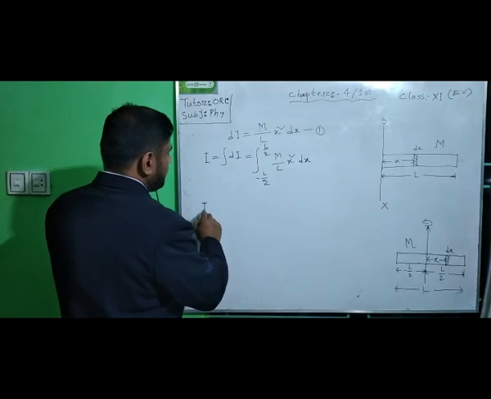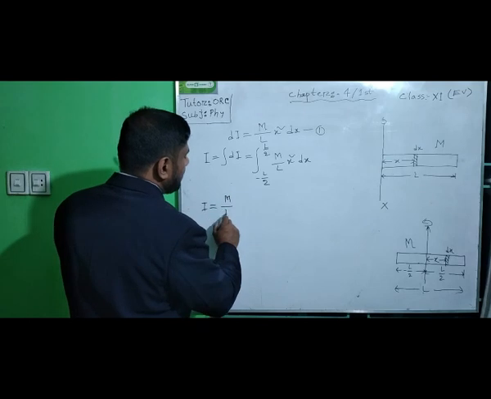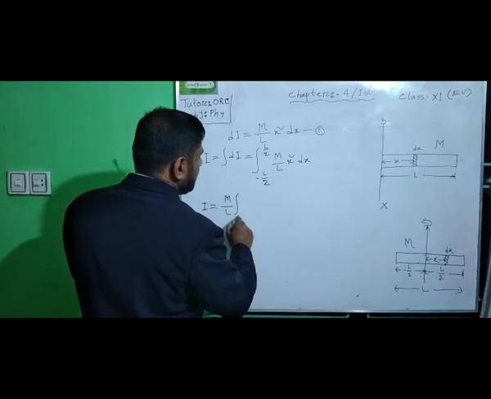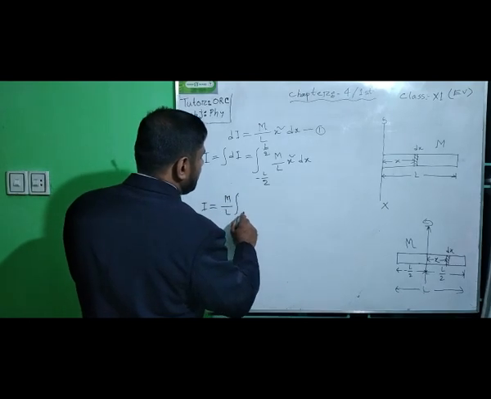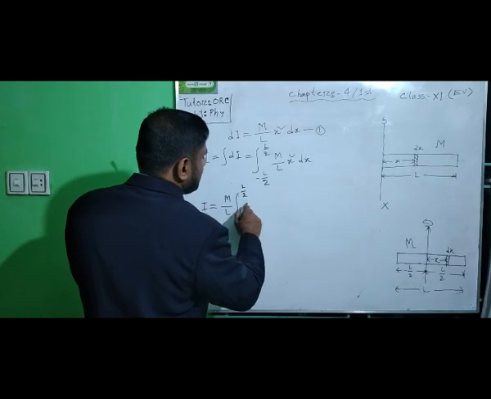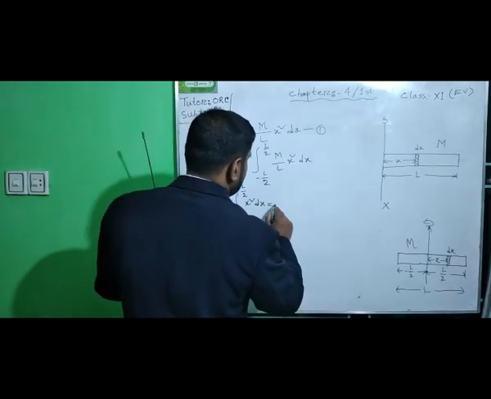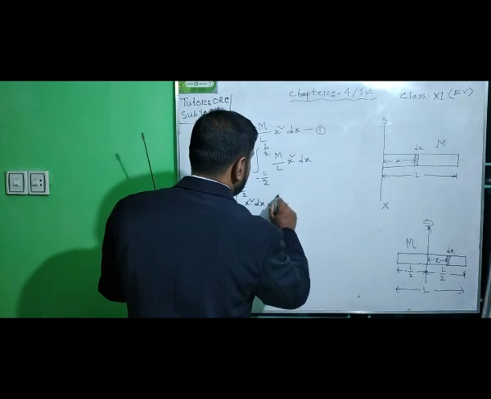So now m divided by L, integral from minus half L to plus half L of x square dx, and let us complete the integration.